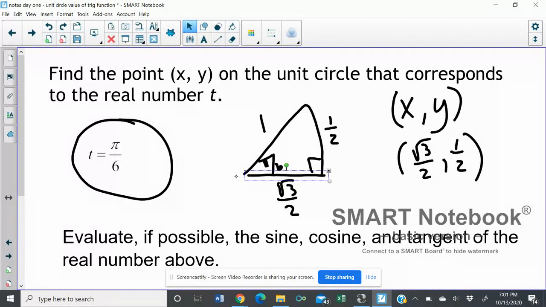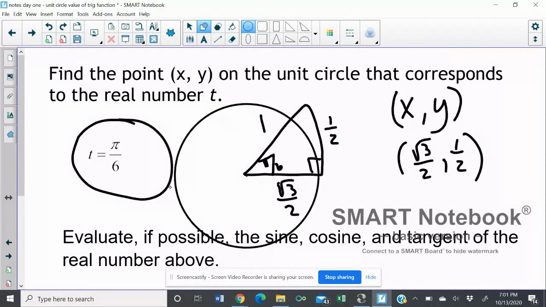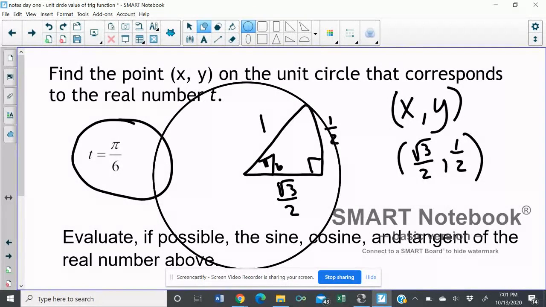Sorry about that. There, much better. Okay, as it starts from the center. This is your point, xy, right? Over, up. Okay, so that's how you're going to find these values.